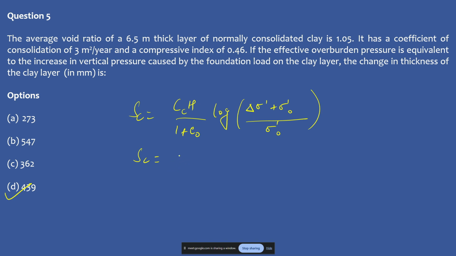So Cc is 3 meter square per year, H, the thickness of the layer, is given as 6.5 meter, the initial void ratio, and the compressive index Cc is 0.05, which is given to you.